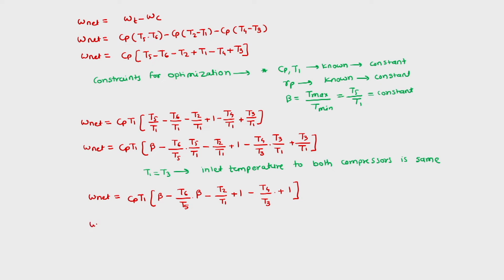So we have W net is equal to Cp T1 (beta minus T6 by T5 into beta minus T2 by T1 minus T4 by T3 plus 2).